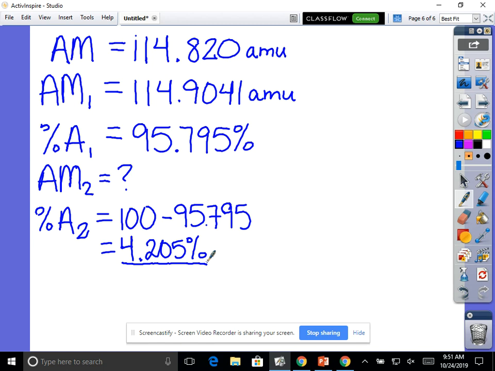All right, so I'm going to set up my problem. I'm going to do it in red.